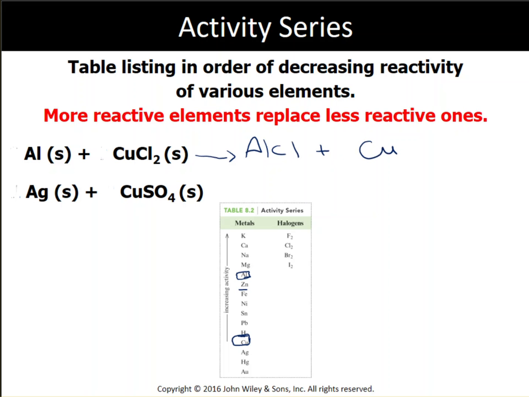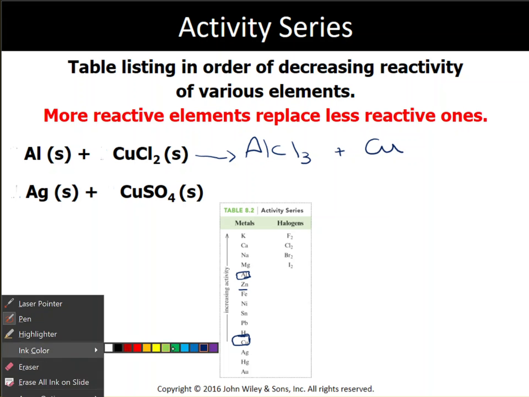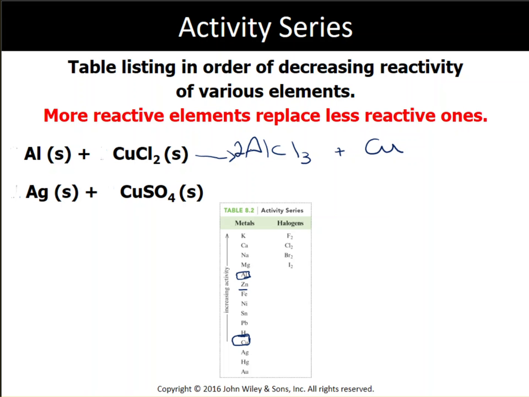Now, this is not a correct formula for aluminum chloride, so we're going to need to have a 3 here. We're going to first balance the reaction. 1 aluminum, 1 aluminum. In order to balance, we're going to need to have 2 aluminum chlorides here, and then 3 copper chloride. And now the reaction is balanced.